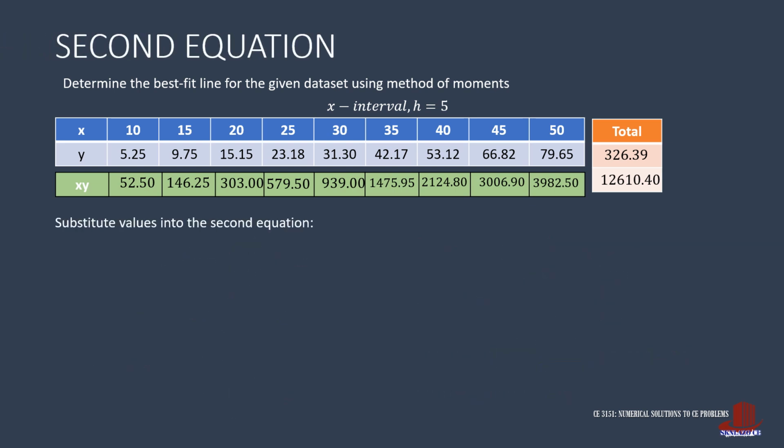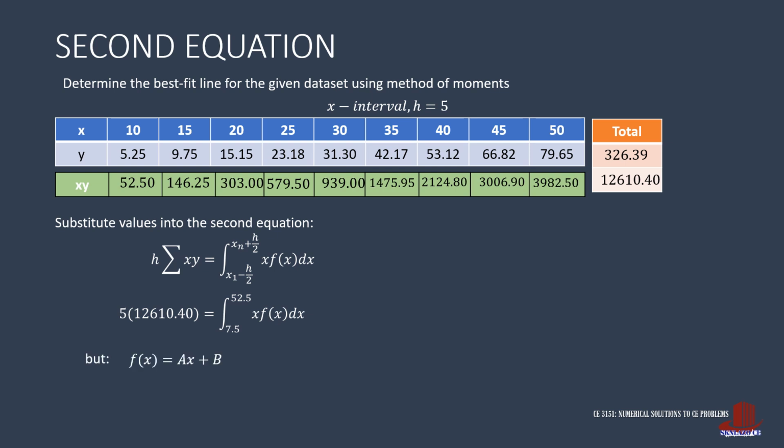Also process the second moment to have another equation. The left side has 5 times 12,610.4, and this is again equated to the function of x, but this time it is multiplied by another x. F of x is ax plus b, so the moment becomes 63,052 as equal to the integral of x times ax plus b.